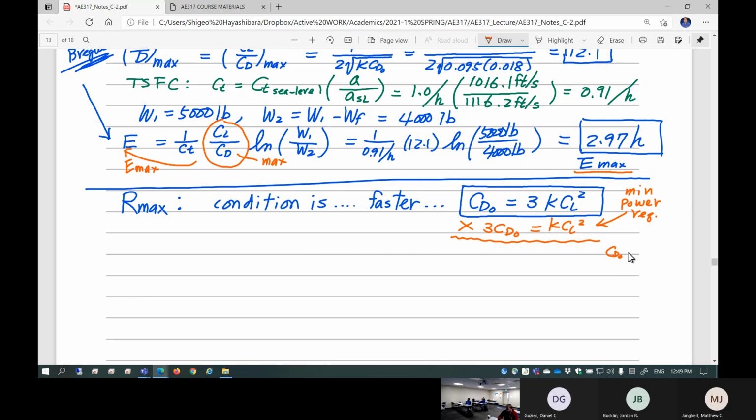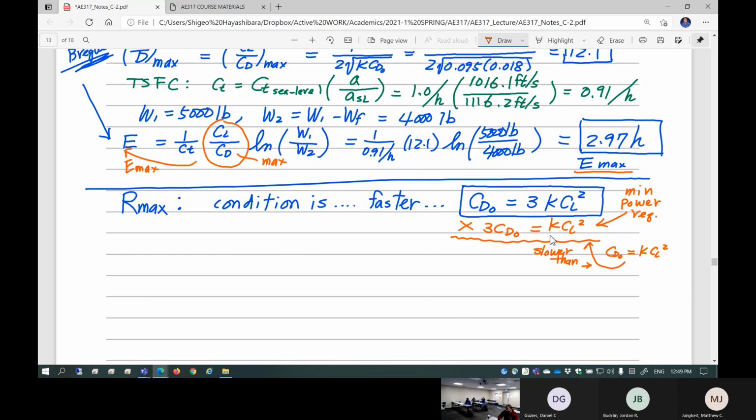The condition of this is minimum drag. This is an even slower speed, that's the minimum power required. This is slower than this.